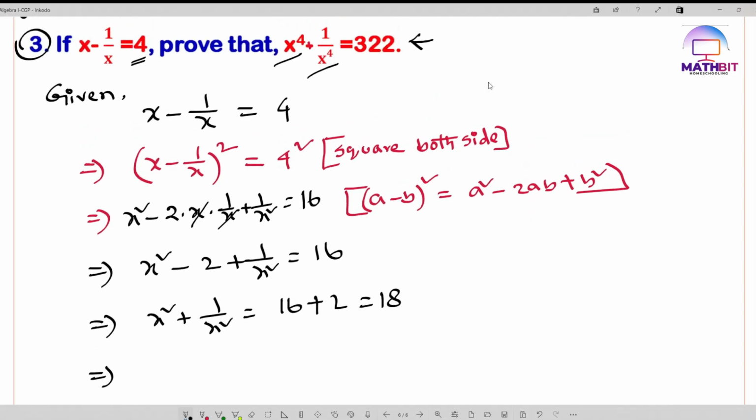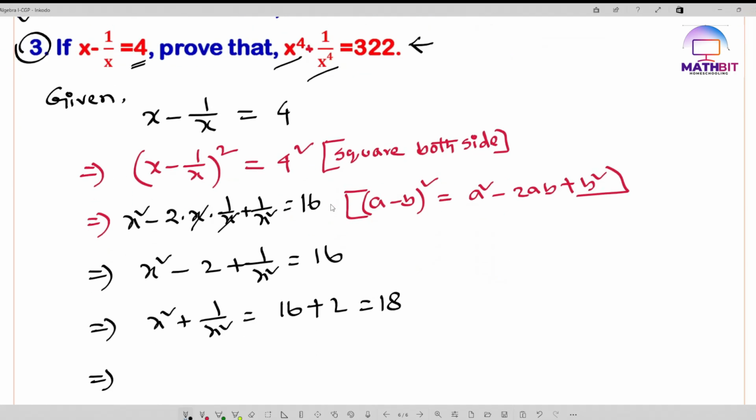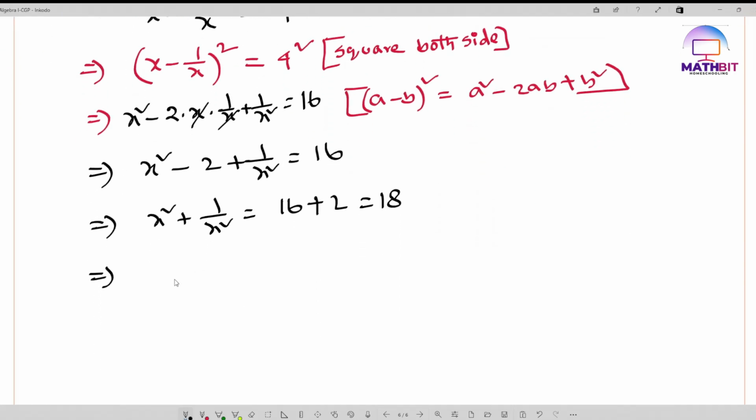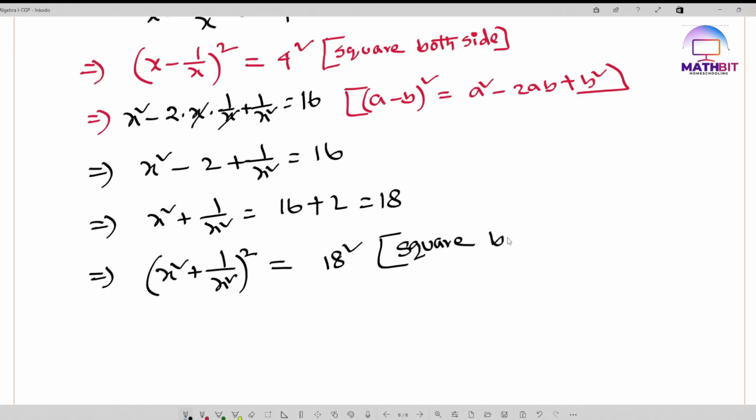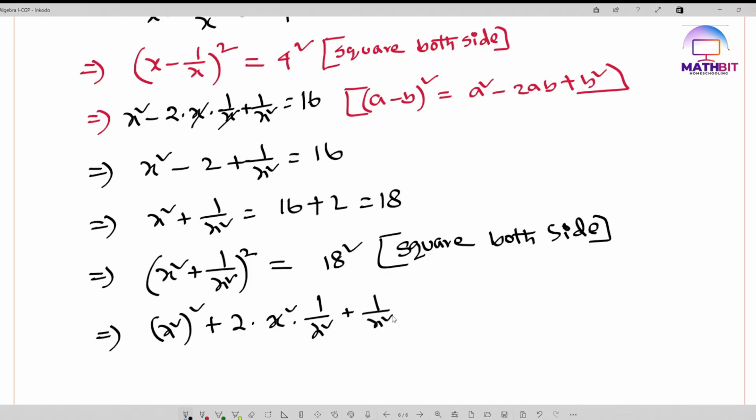Again we need x to the power 4 plus 1 by x to the power 4, right? So again we will square both sides. So x square plus 1 by x square whole square equals 18 square. Here is x square whole square plus 2 times x square times 1 by x square plus 1 by x square whole square equals 18 square, which means 324.